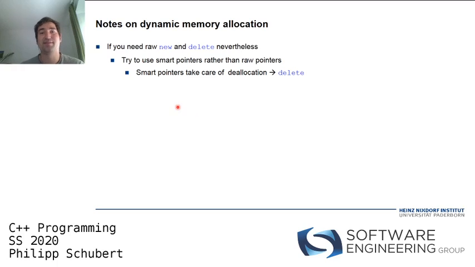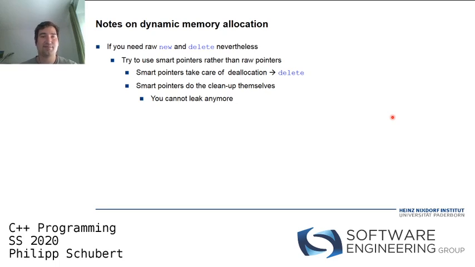So use smart pointers. Smart pointers take care of the deallocation themselves. Smart pointers themselves know when to do the cleanup, when to delete the memory. And this really means that you can't leak memory anymore if you use smart pointers and follow some rules.